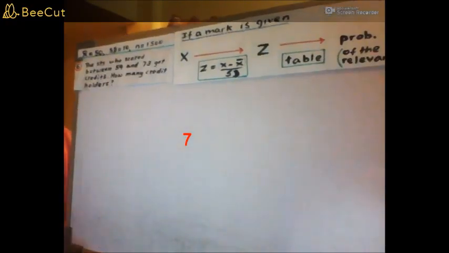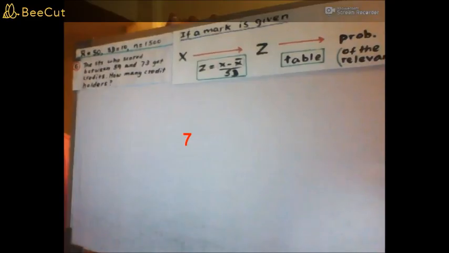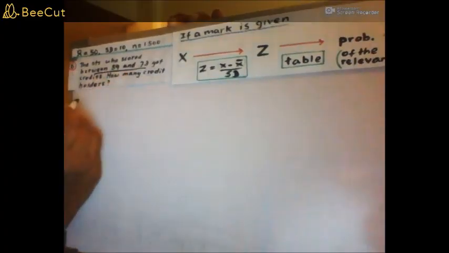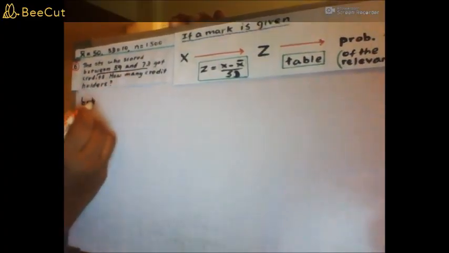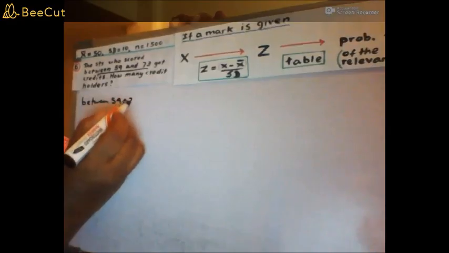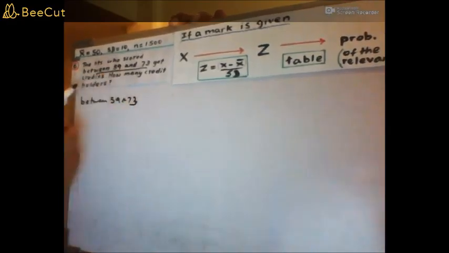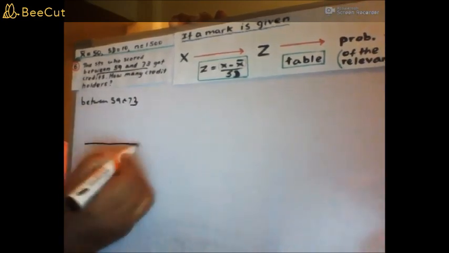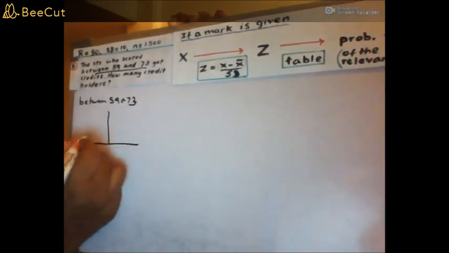Question number 6. The students who scored between 59 and 73. How many credit holders are there? Draw the curve.